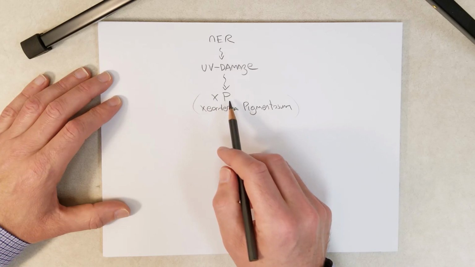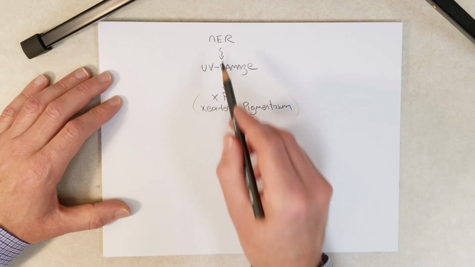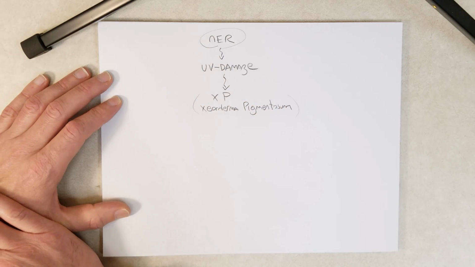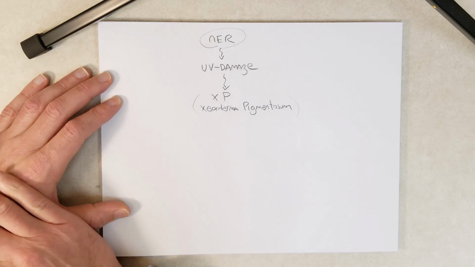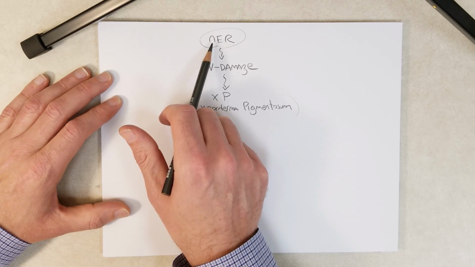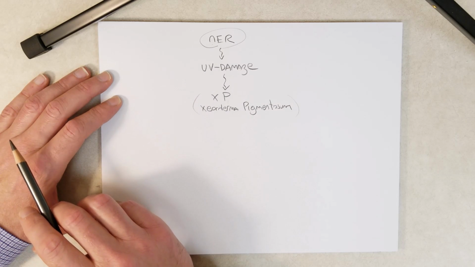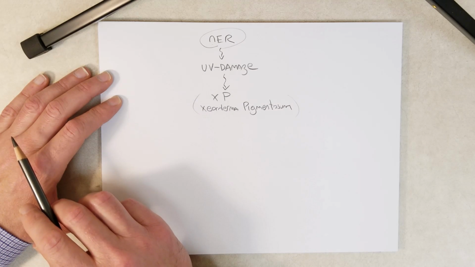What they're lacking is nucleotide excision repair. They're lacking a protein needed to properly perform nucleotide excision repair and remove cyclobutane pyrimidine dimers.